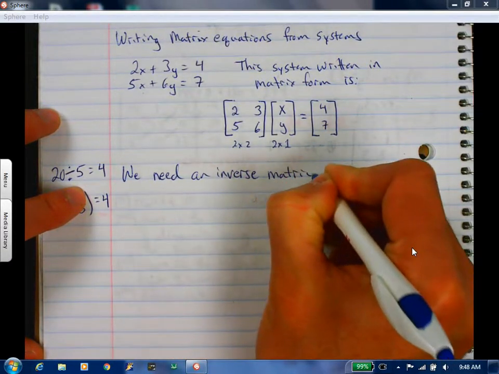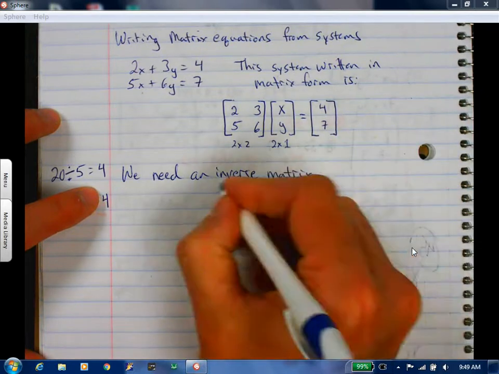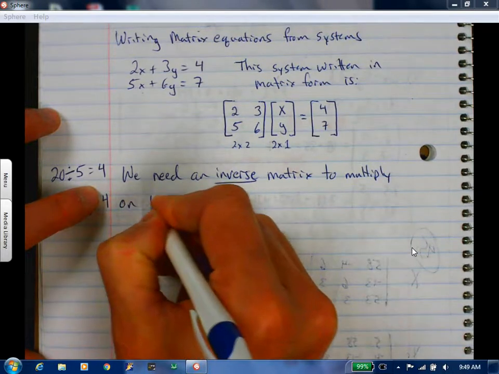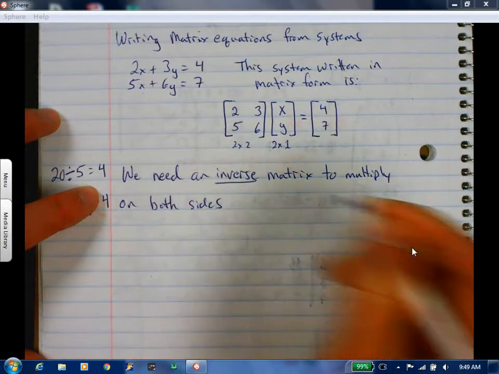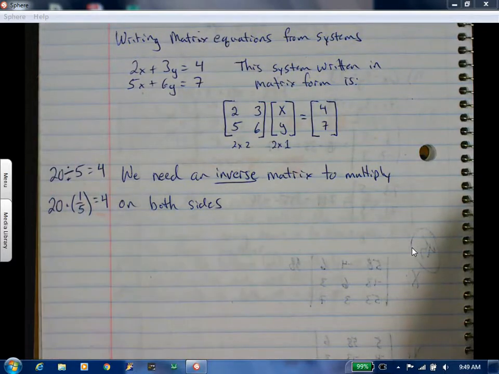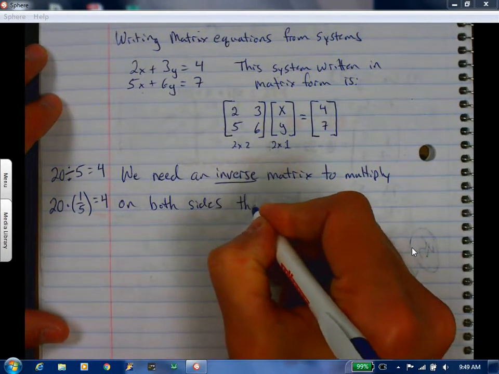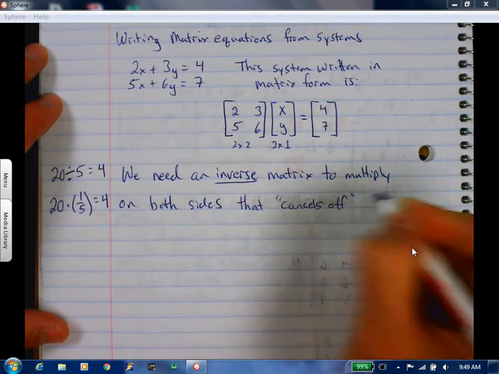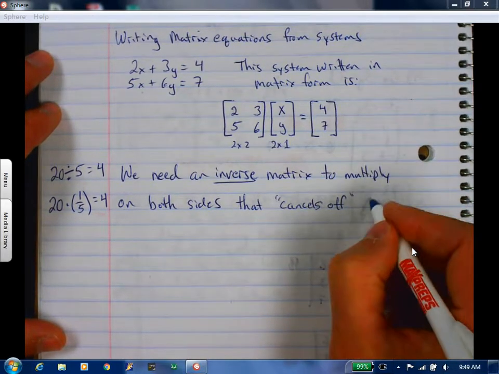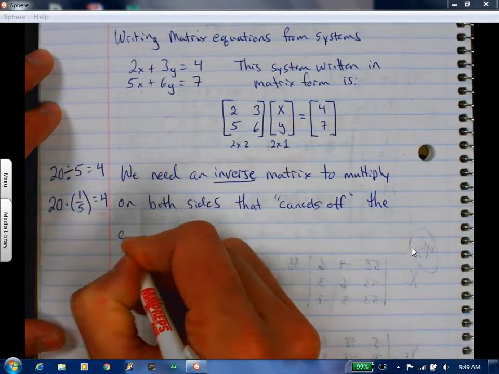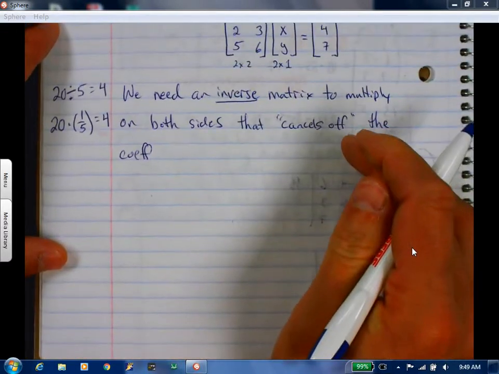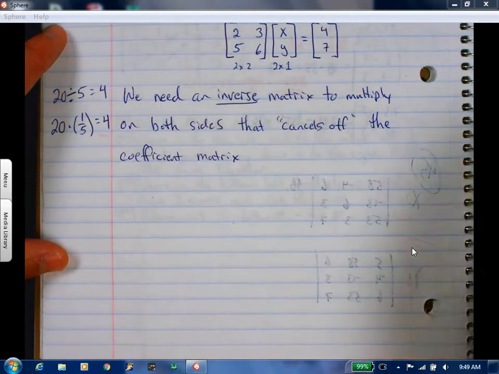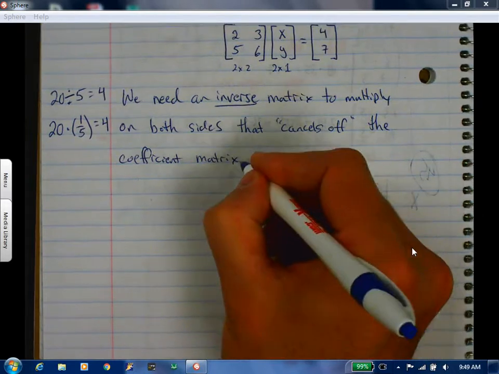So we need an inverse matrix to multiply on both sides that cancels off the coefficient matrix. We'll leave it at that for now.